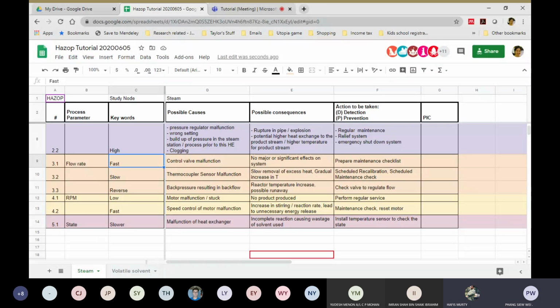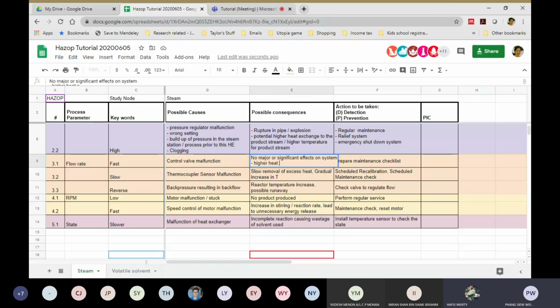So if the flow rate is fast, that means the valve controlling it may have an issue. One of the possible causes, probably no major or significant effects on the system. However, it's better to prepare a maintenance checklist so that there's a regular checkup on the flow rate of the whole fluid in the system.